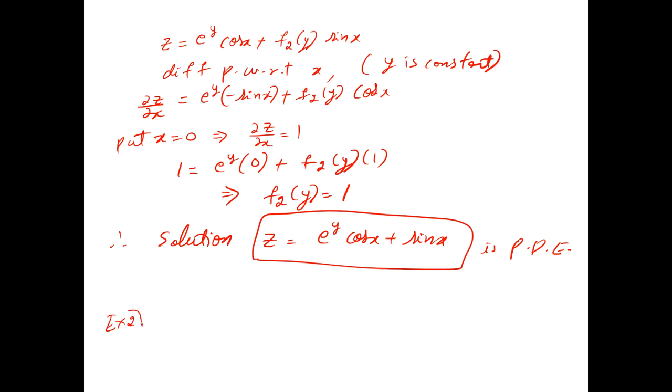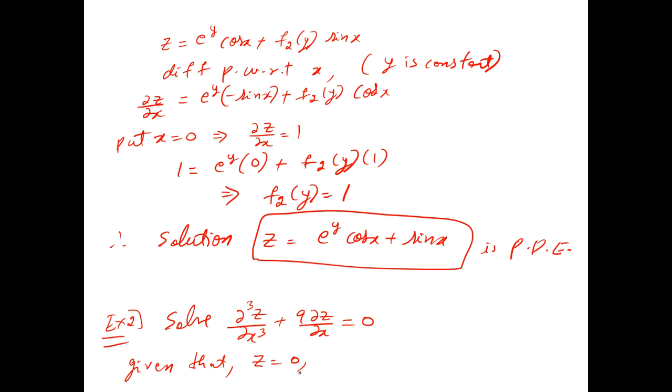Example 2. Solve. Yes, students, a very simple example they will give you. Solve dou cube z upon dou x cube plus 9 dou z upon dou x is equal to 0, given that z is equal to 0, dou z upon dou x is equal to 0, and dou square z upon dou x square is equal to 9 when x is equal to 0.